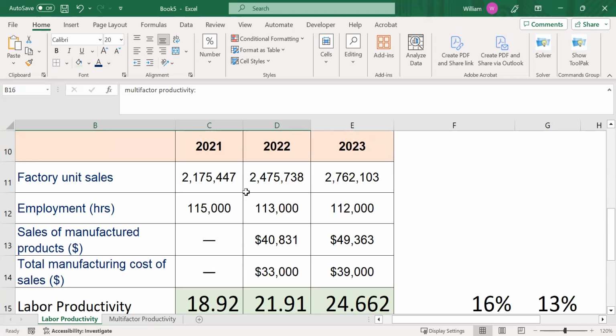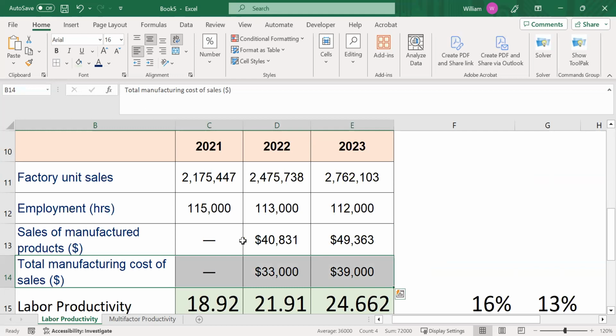Now keep in mind that as we're calculating this, I want our data to be in the same metrics. So I will look to see, do I have the dollar value of our output? Do I have the dollar value of our inputs? If I do have those two, I can calculate my multi-factor productivity metric. We have sales up here, you have employment data there. But in this specific example, they've lumped all the different costs of the different inputs used into this row right here.